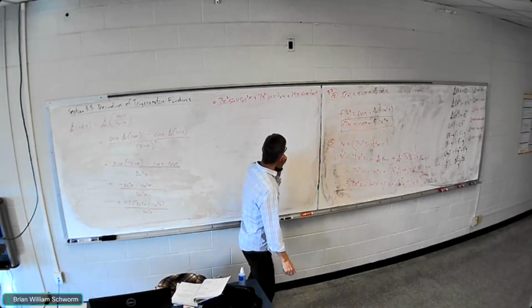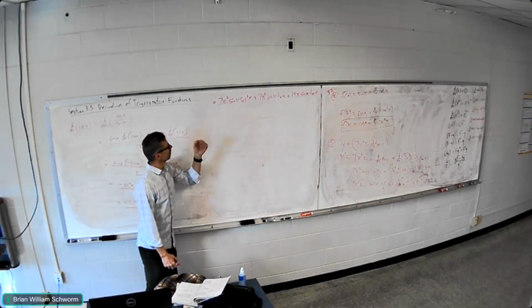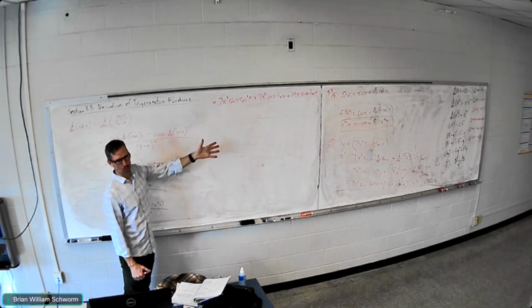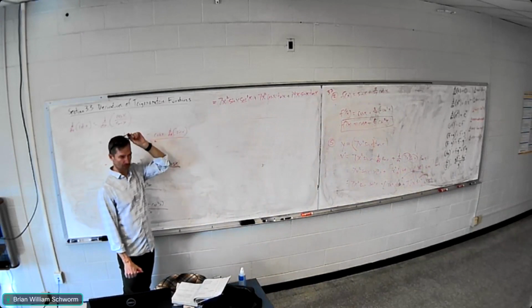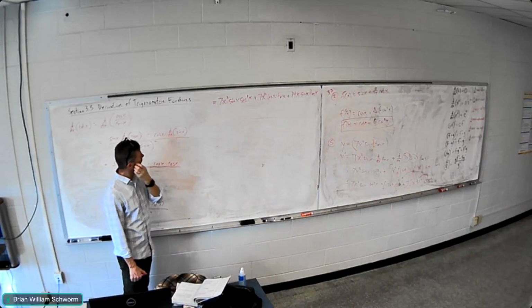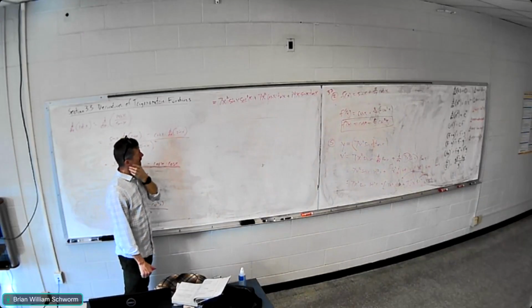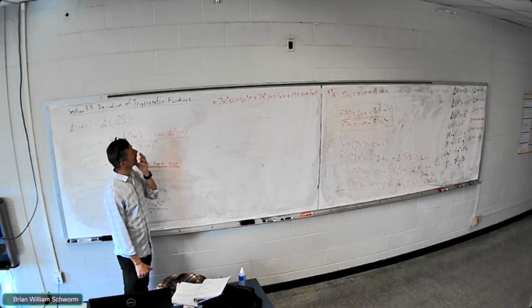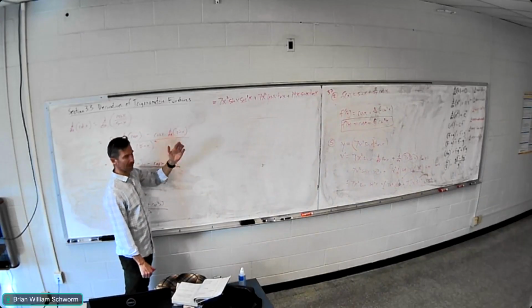So there's the derivative. Now I might be able to rewrite that differently using trig identities, and that's fine, but not absolutely necessary. So this would suffice as an answer.